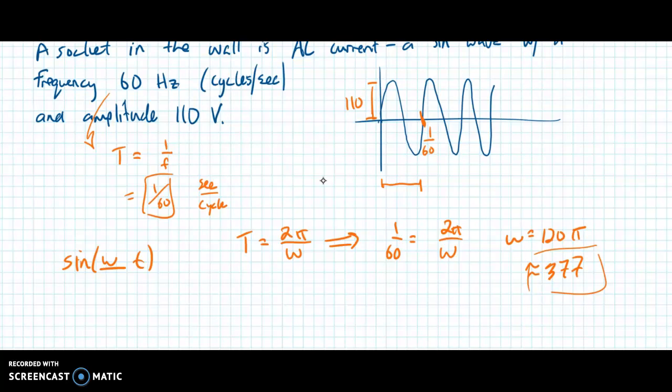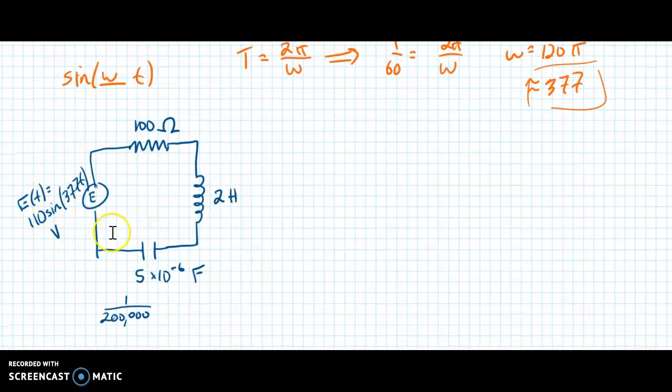So I'm going to pause and put the circuit up, and we will solve for the current going through it. Here is our circuit. I have E of t equals 110 sine of 377t volts. I have a resistor that's 100 ohms, an inductor that is 2 henries, and 5 times 10 to the negative 6, which is 1 over 200,000, is the capacitor.